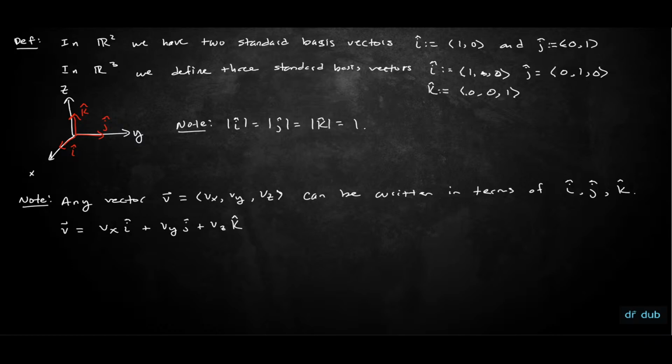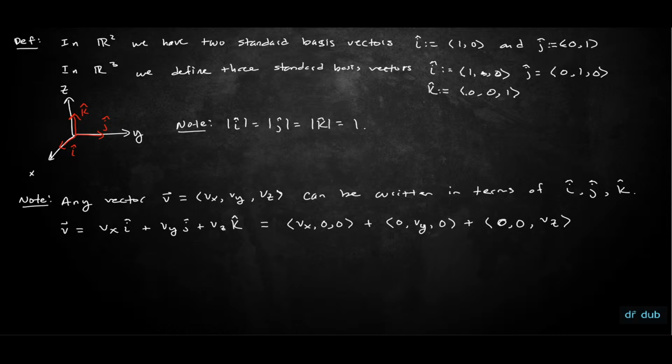Because i is just 1, 0, 0, so that would be the vector vx, 0, 0, plus 0, vy, 0, multiplying j by vy, and then plus 0, 0, vz when I multiply k by vz.